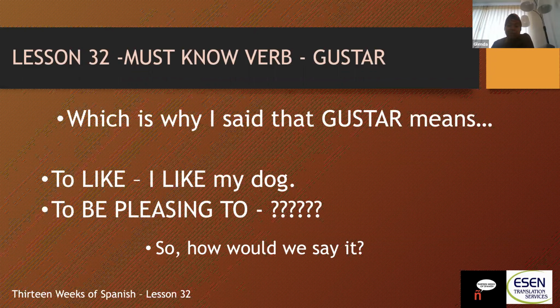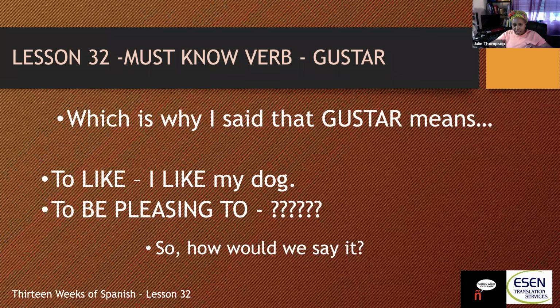We're not talking Spanish yet, in English. We have to get the mindset in order to be able to translate this correctly. I like where you're going. We're just not there yet. So hold on to that thought.